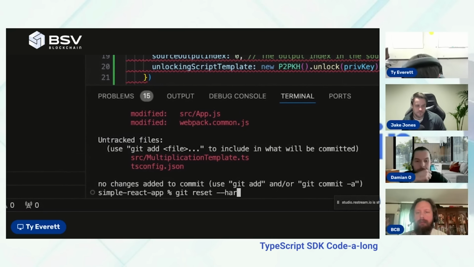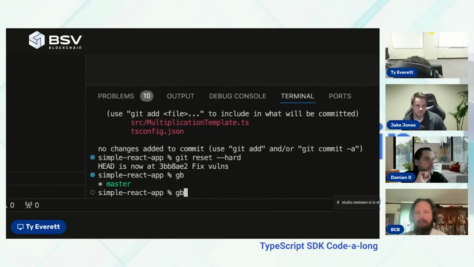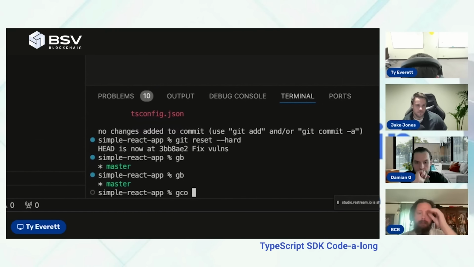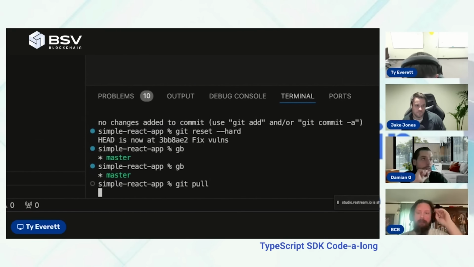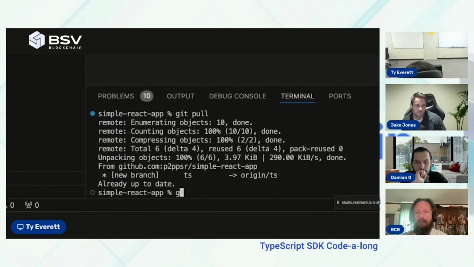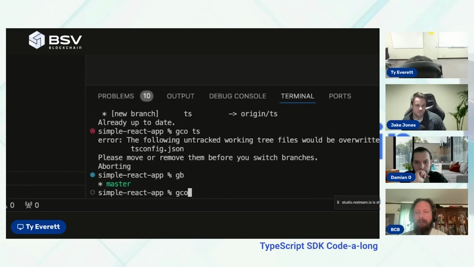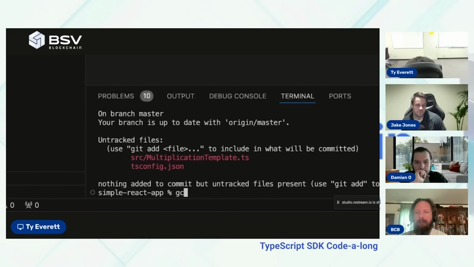Let me just, oh wait, I can just check out. All right, so yeah, everybody can just see git pull. I didn't commit this multiplication template.